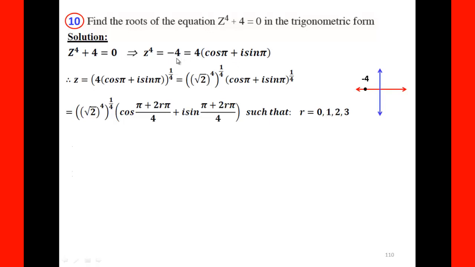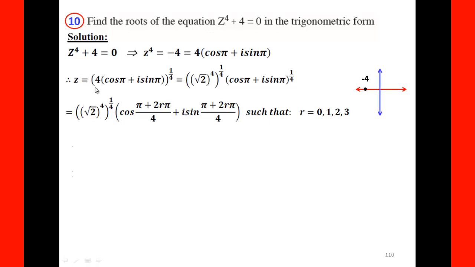So negative 4 equals 4 cosine pi plus i sine pi. Z equals 4 cosine pi plus i sine pi all power 1 over 4.